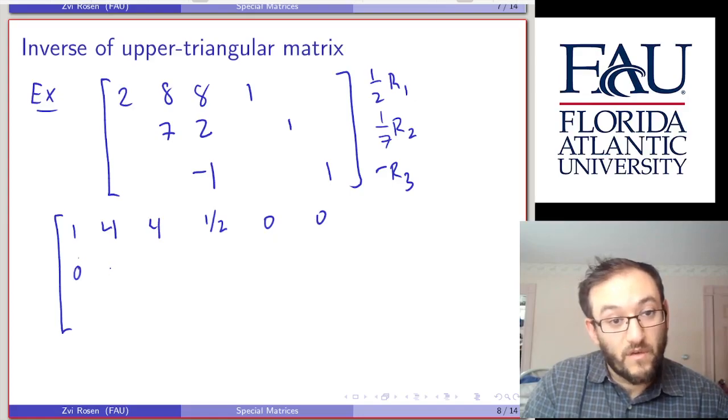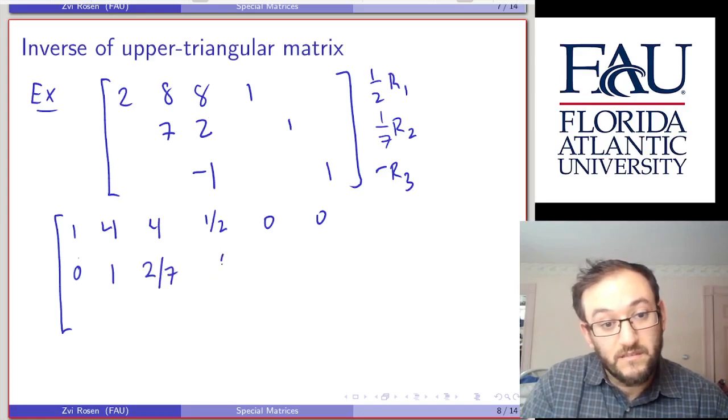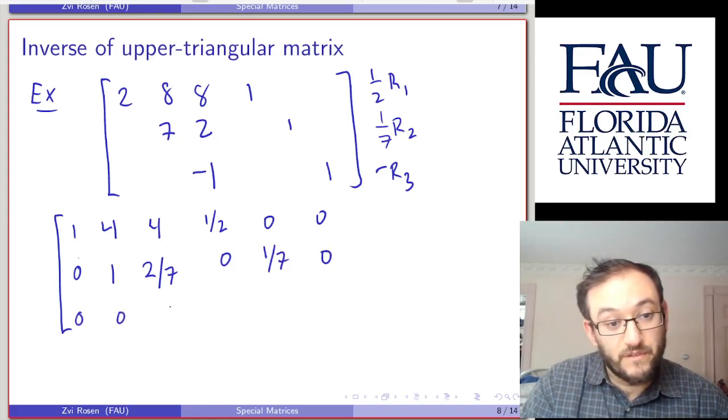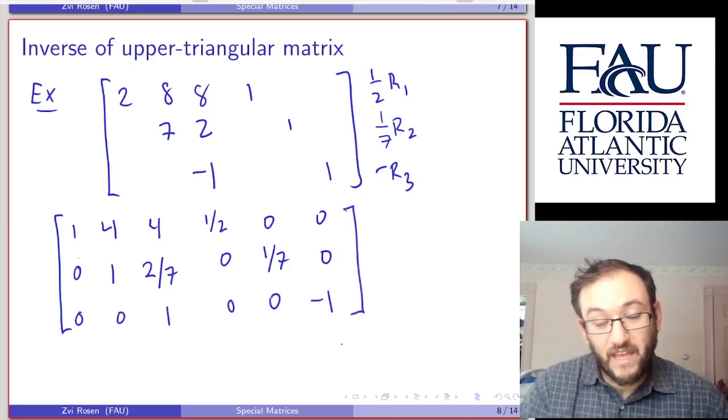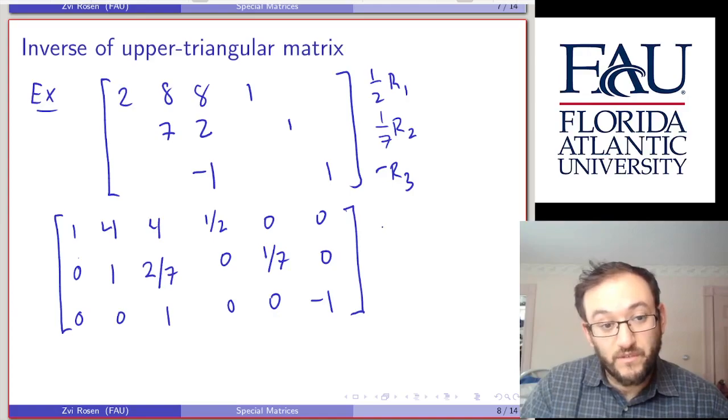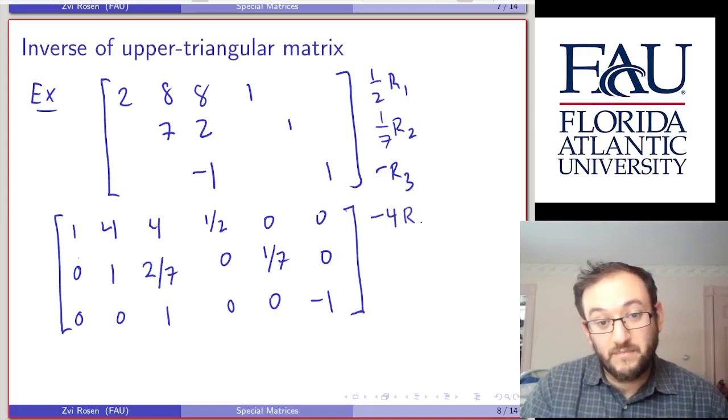Then 0, 1, 2/7, 0, 1/7, 0, and 0, 0, 1, 0, 0, minus 1. At this point, we're going to add minus 4 times the second row to the first row.